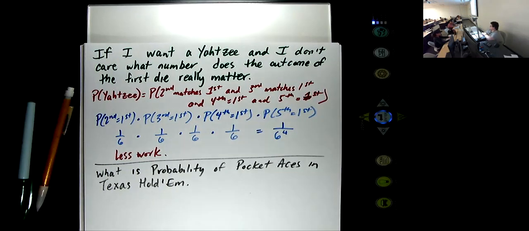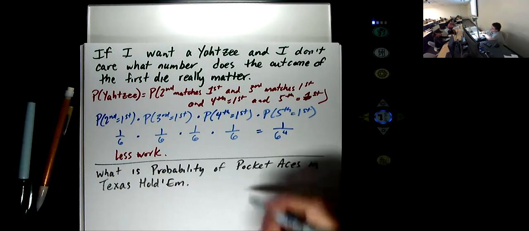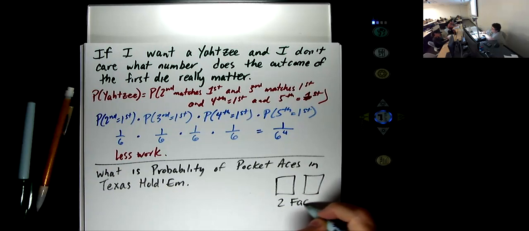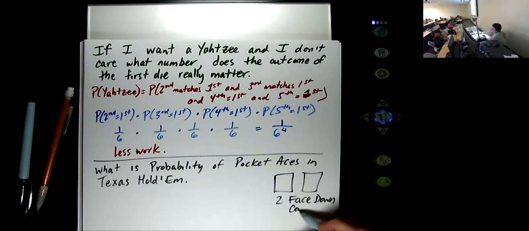In Texas Hold'em, you're playing poker, there's 7 cards, 2 of them are your cards. You get 2 face down cards. Face down means no one else can see them. These are your pocket cards.